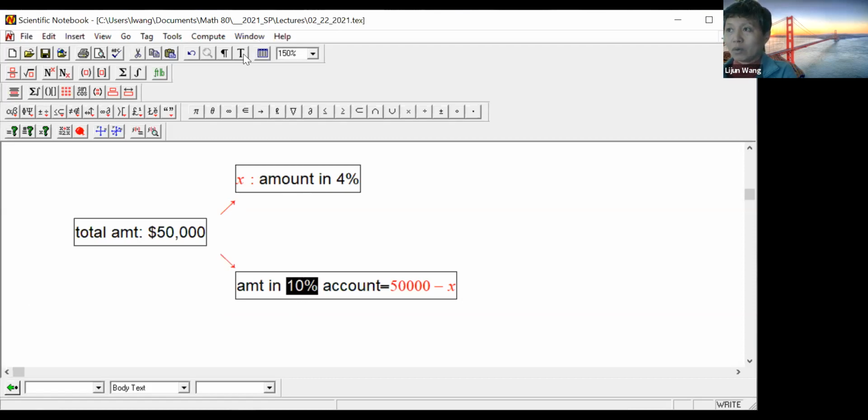That's how we analyze it, using this algebraic method. So if we have X dollars in the 4% account, how much interest is earned at the end of the year?